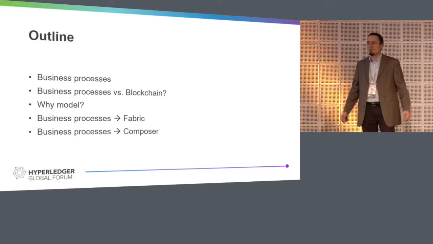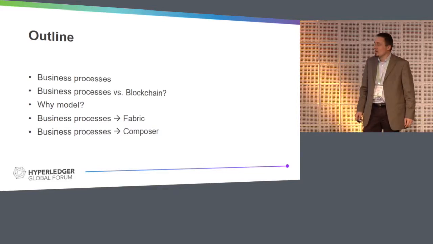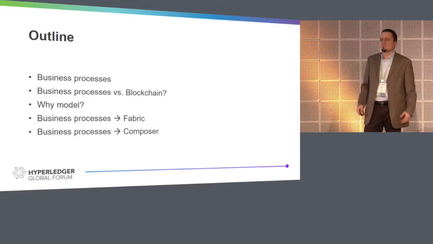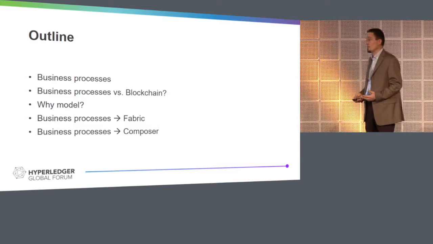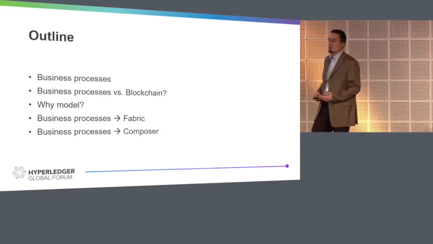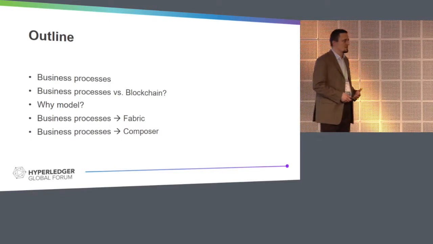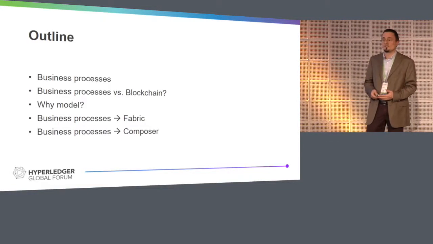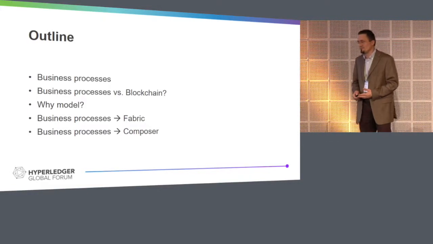Why should we model a system at all, and what are the advantages of doing that? Then I will briefly discuss how business processes can be translated to Hyperledger Fabric and Hyperledger Composer, as we have some pilot applications where we are creating Fabric and Composer code directly out of business processes.